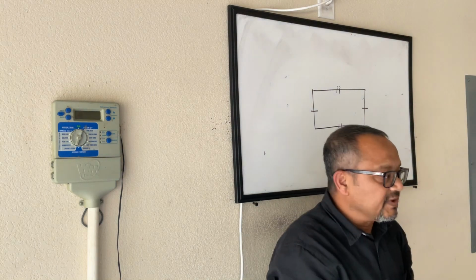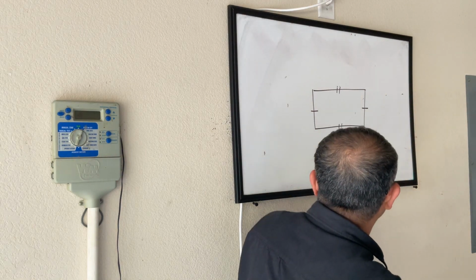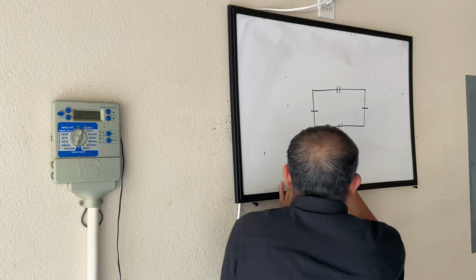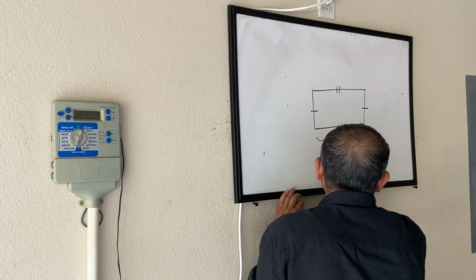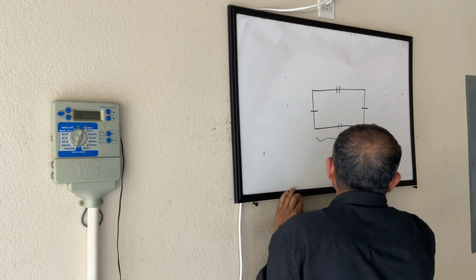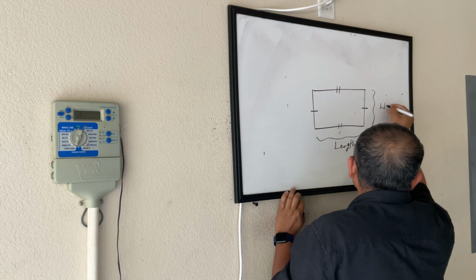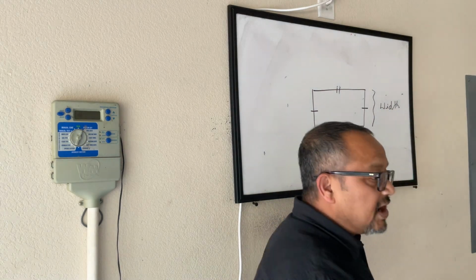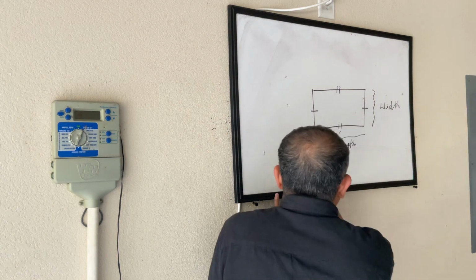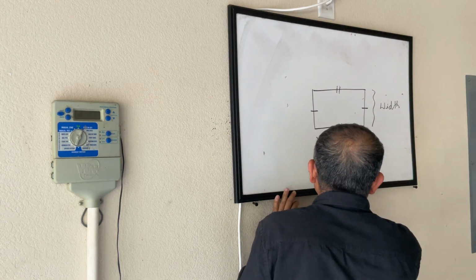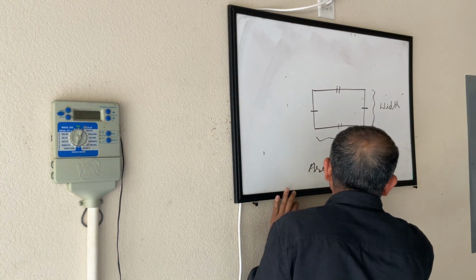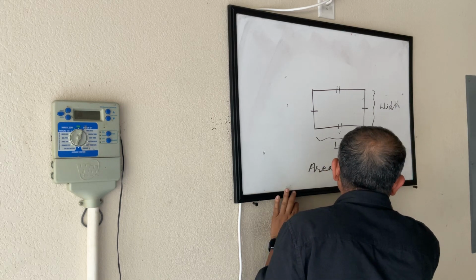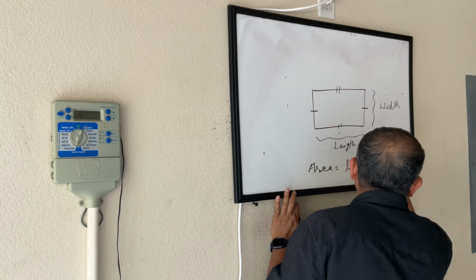And what we learned in the previous class is, how do you find out the area of this rectangle? So if I call this side as length and this side as width, area of a rectangle will be length times width.